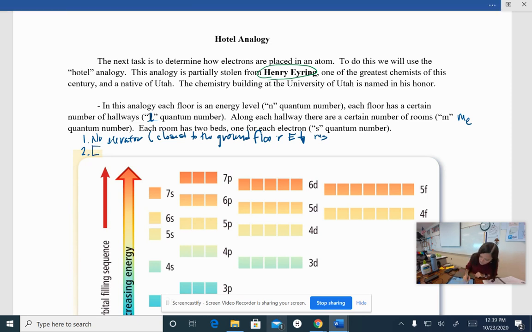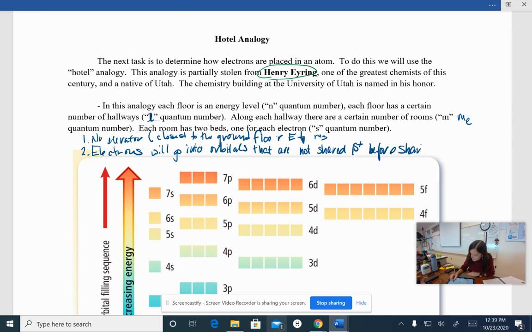So electrons will go into orbitals that are not shared first, before sharing. Kind of like people. You'd probably rather have your own room than have to share a room at your hotel.